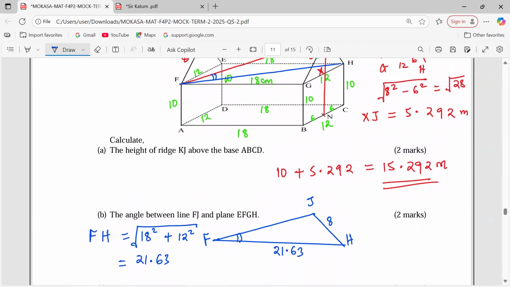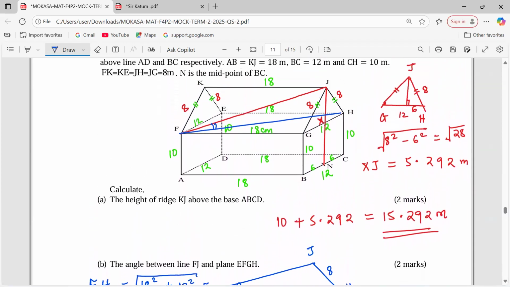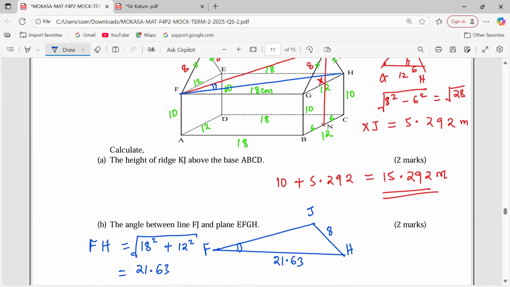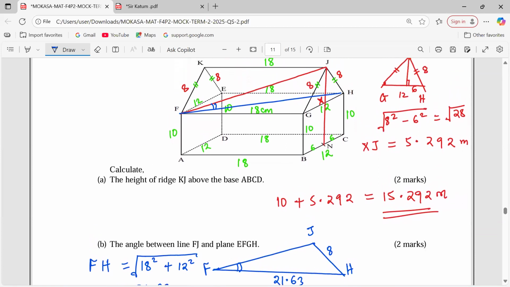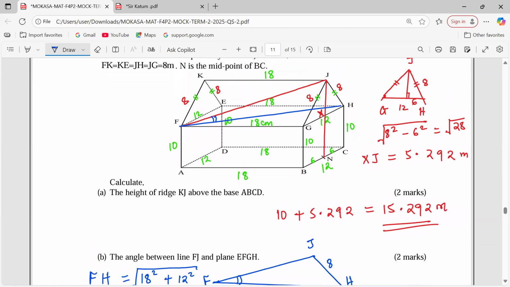So for us to find this particular length, F to J, we can still apply Pythagoras theorem: 8 squared and 18 squared, square root.